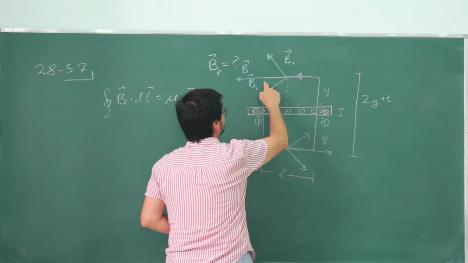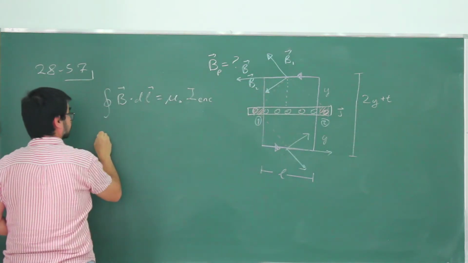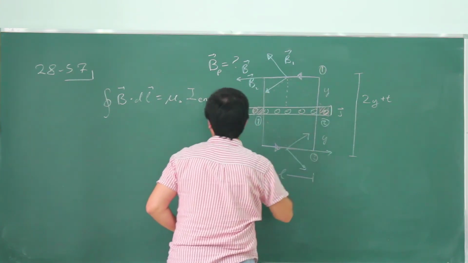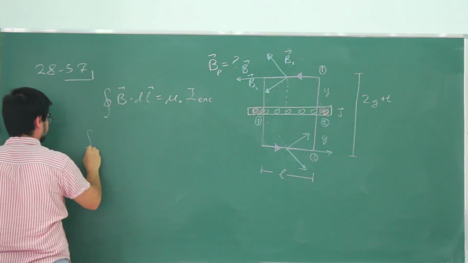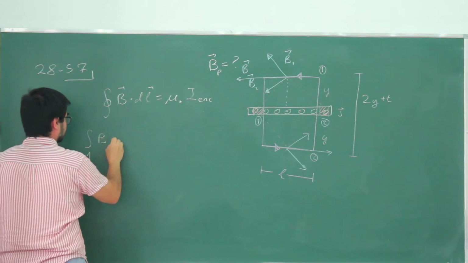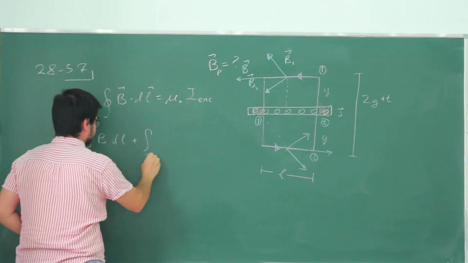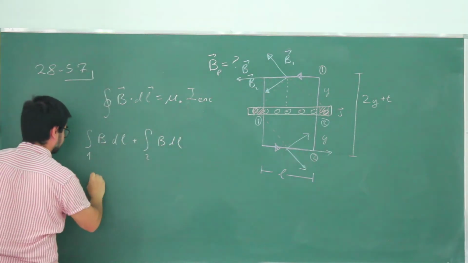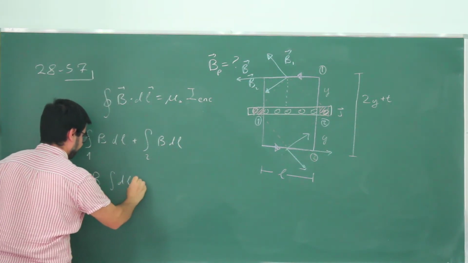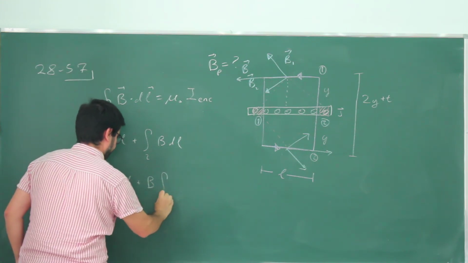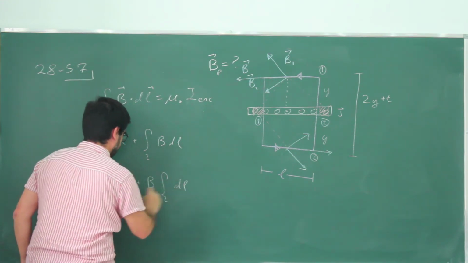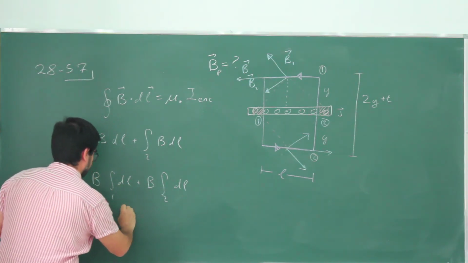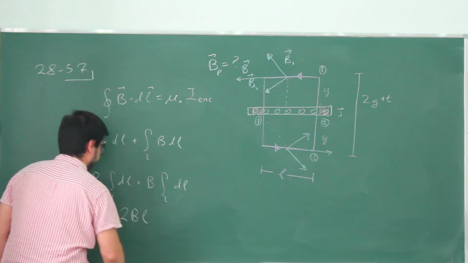B is just constant. So first, let's call these segments 1 and 2. This becomes an integral over 1 of B dl plus an integral over 2 of B dl. These B's can be taken out because they are constant, and then this is just the length. So this is L, this is L, so this becomes 2BL.